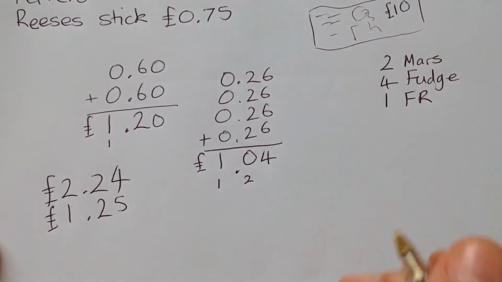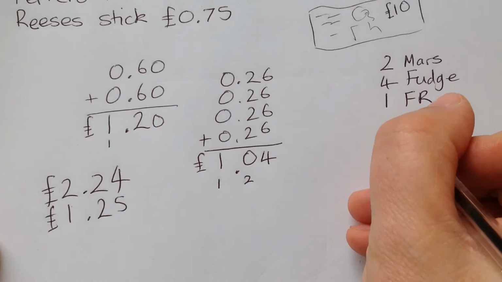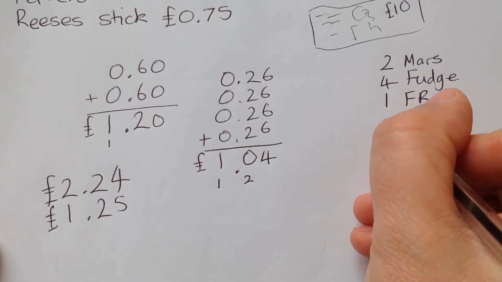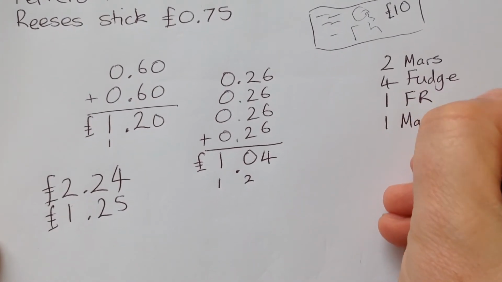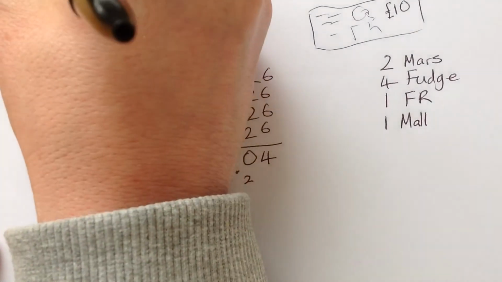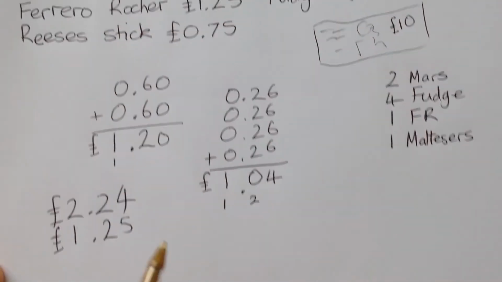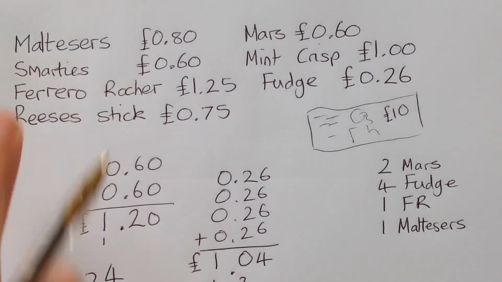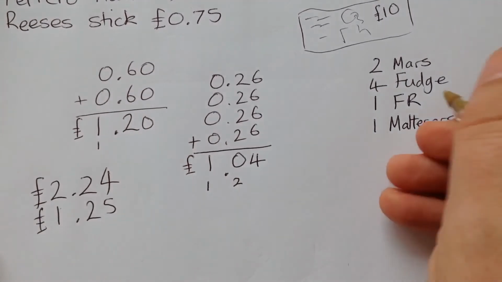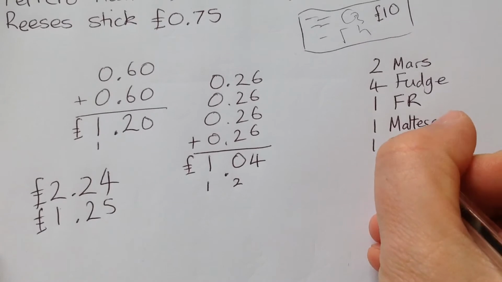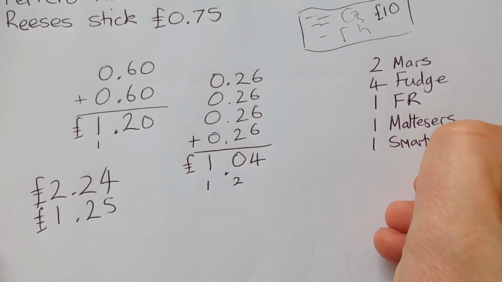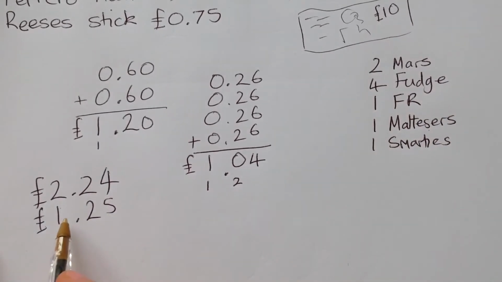And while I'm at it, I'm going to add some Maltesers and some Smarties. I know I've got loads of money left, so I can do quite a few things. Oh, I missed an L up there. Maltesers. Sorry about that, I missed out my L in Maltesers earlier. So I've got 1 Maltesers and 1 Smarties. So I've got my Ferrero Rocher in there.